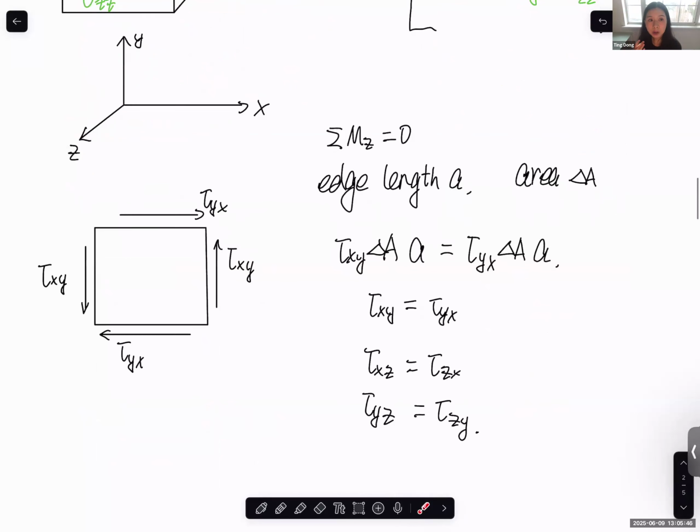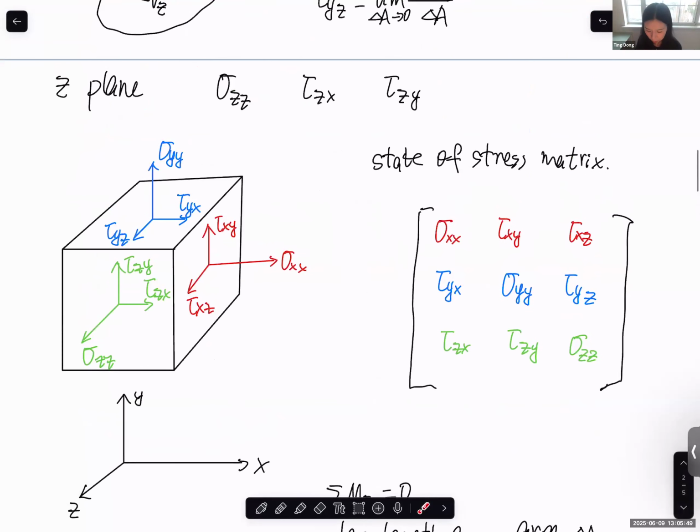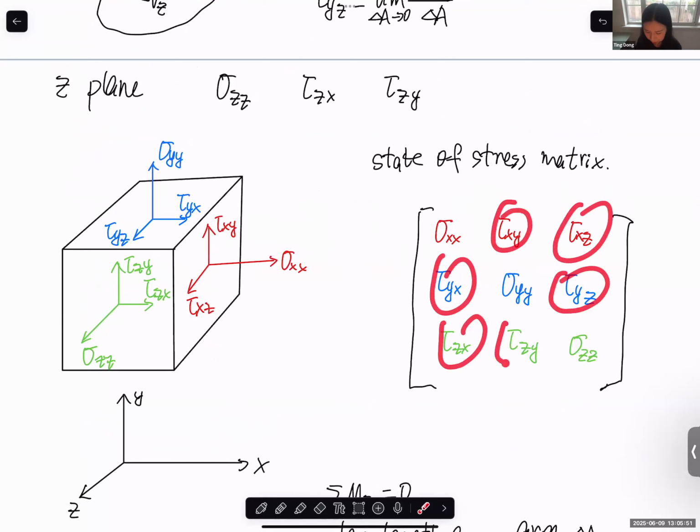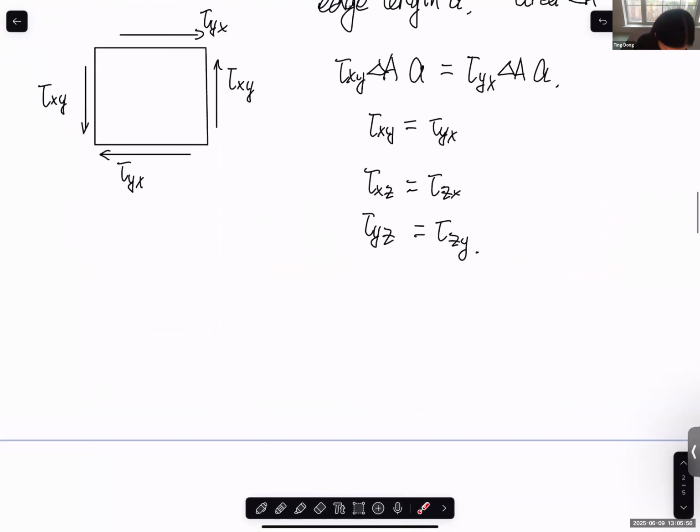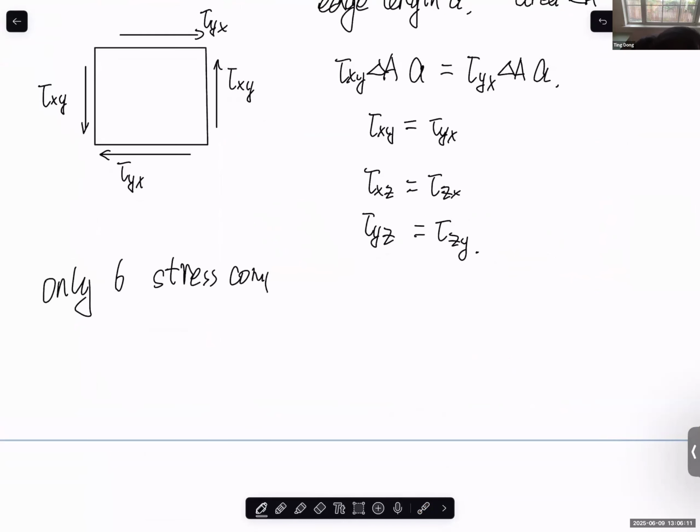But for our simple derivation to check the relation between the different components, we naturally consider a cube around the point. So now these 9 components in the stress state matrix only have 6 independent stress components to define the state of stress at a point.